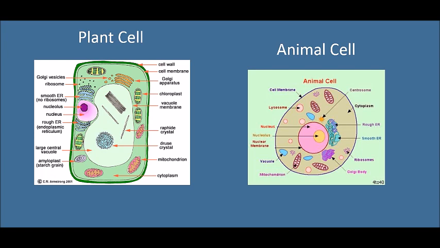Also located in the cytoplasm are the mitochondria. The mitochondria is the powerhouse of the cell. All these organelles help maintain homeostasis, which is maintaining an internal balance when outside factors are changing.